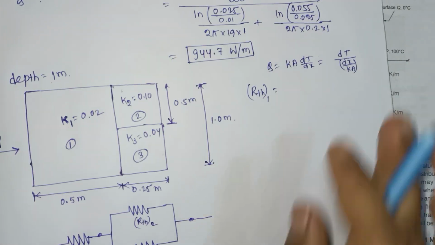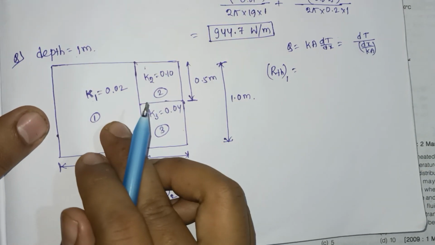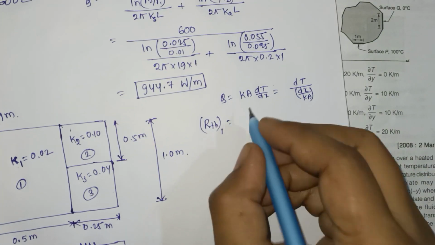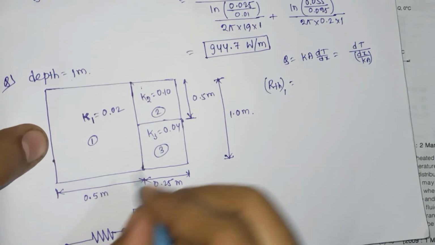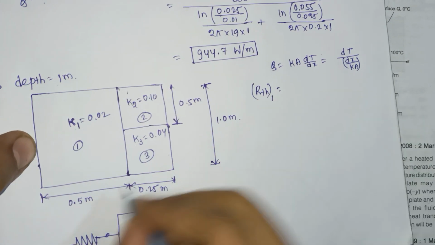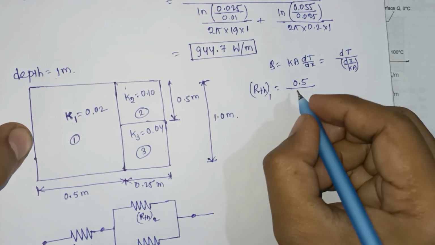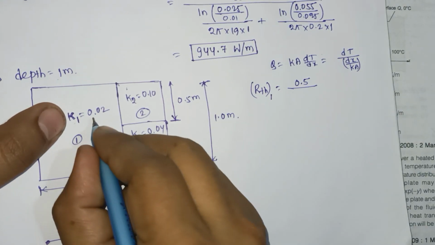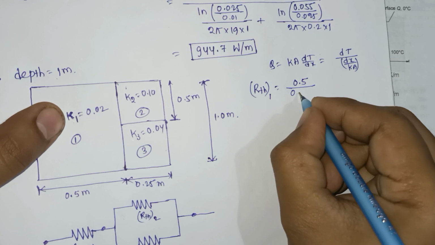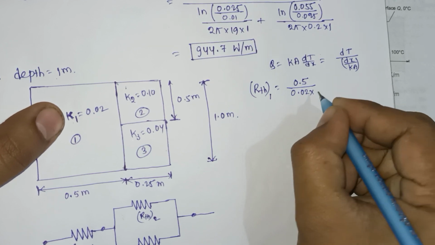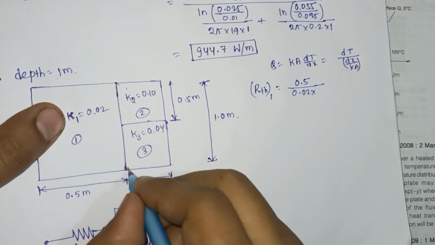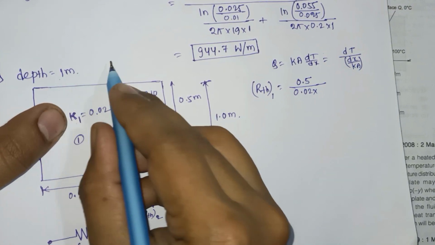So thermal resistance for slab 1 is dx by k. What is the dx? dx means 0.5, 0.5 by k1 into a, so k1 is 0.02 into a. What is the value of a? This is 1 into depth is 1.